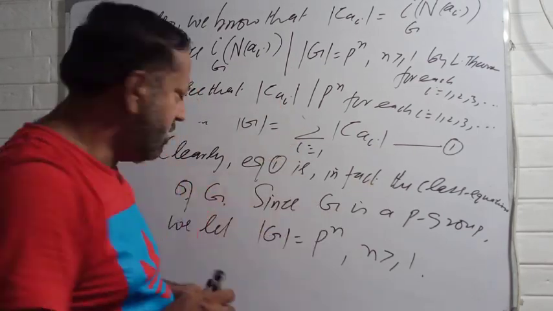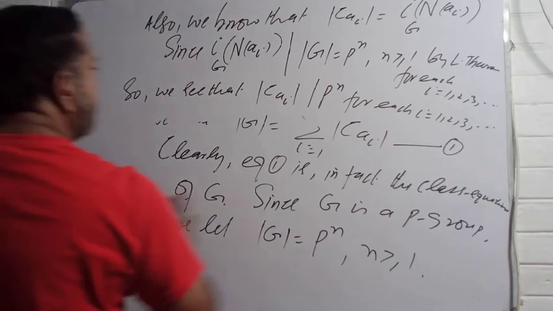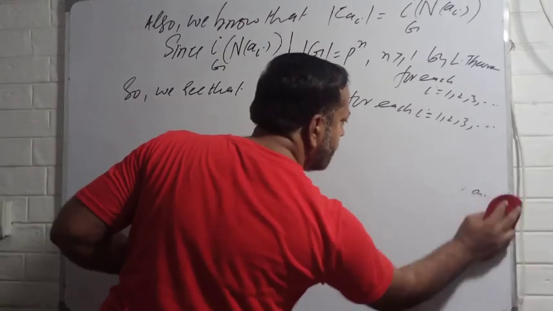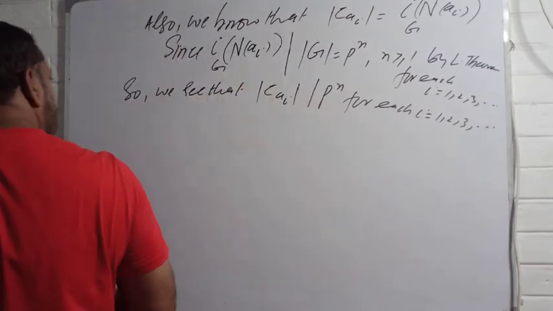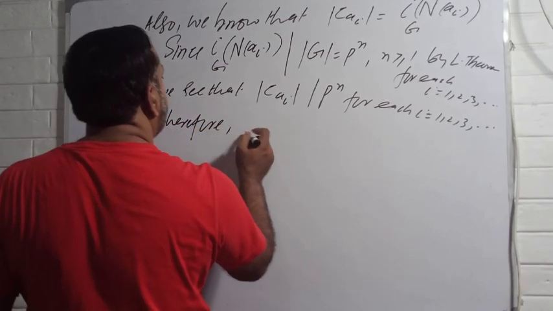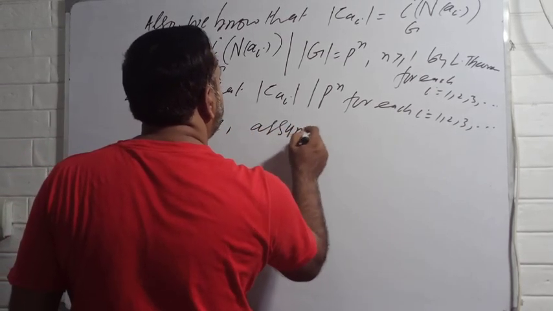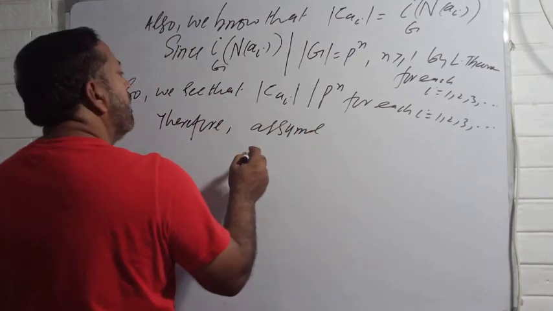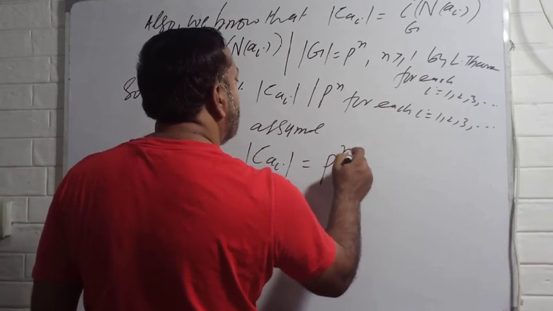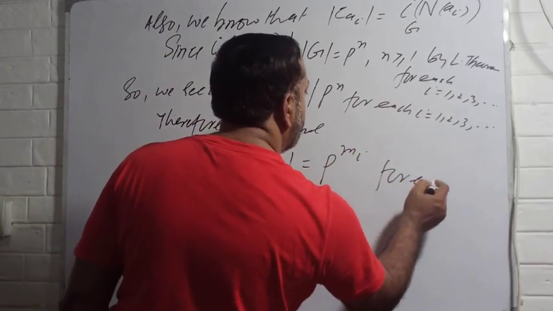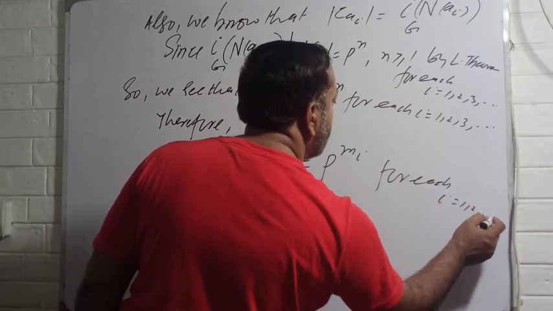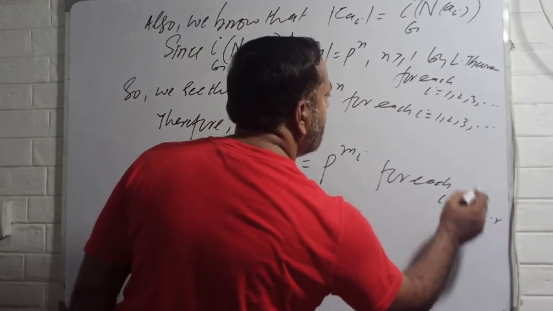So we assume the order of CAI is equal to P power mi for each I equal to 1, 2, and so on up to R.